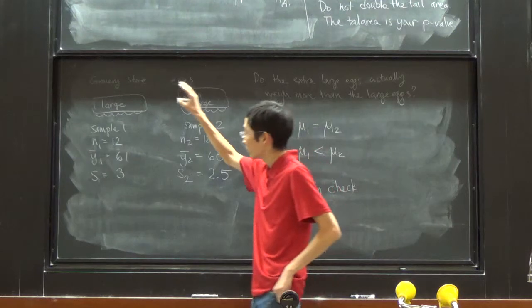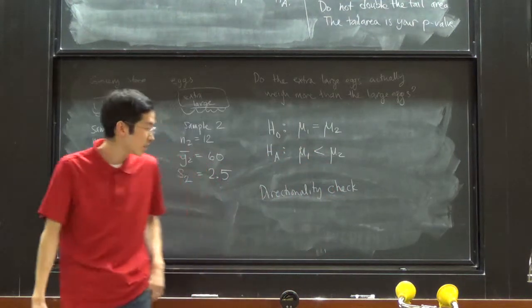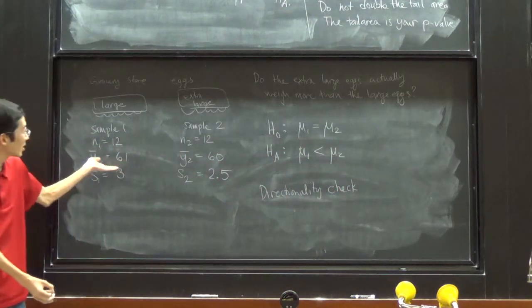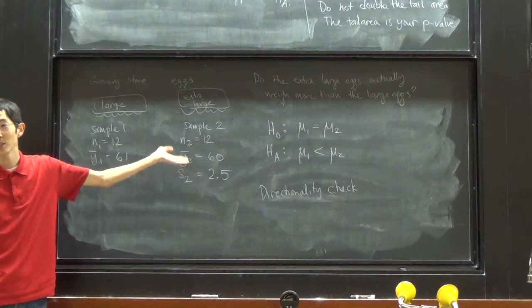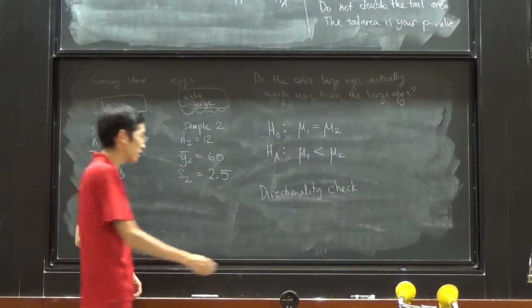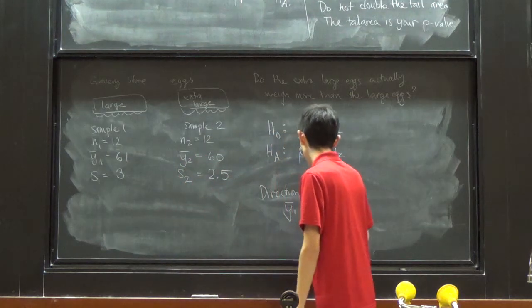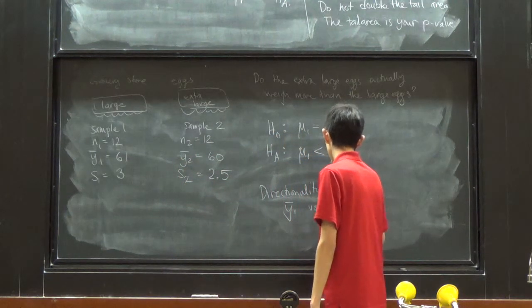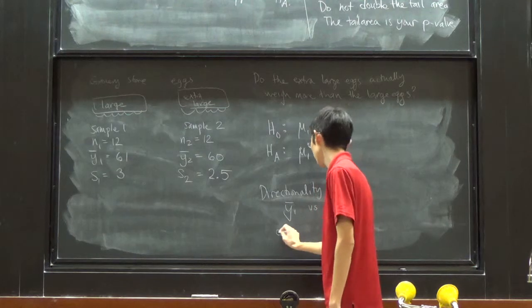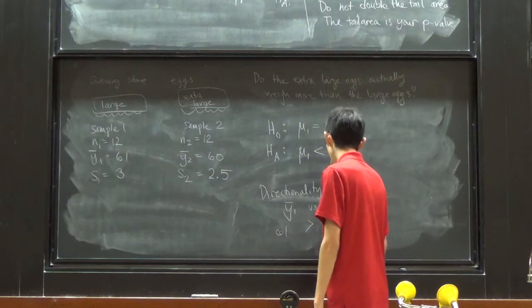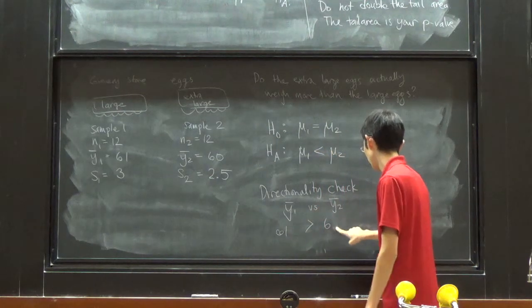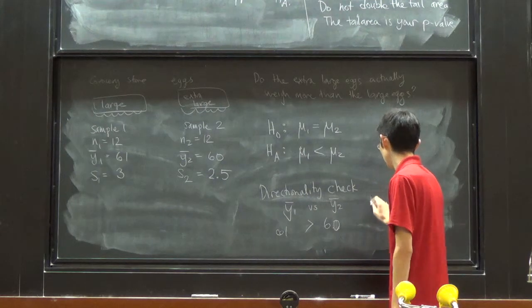Because when we look at our data, it seems, if anything, that the large eggs are actually bigger than the extra large eggs. Okay, so our directionality check, we do y bar 1 versus y bar 2, and we have 61 is greater than 60, so it does not pass.